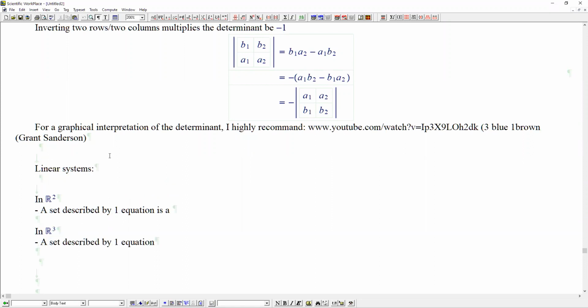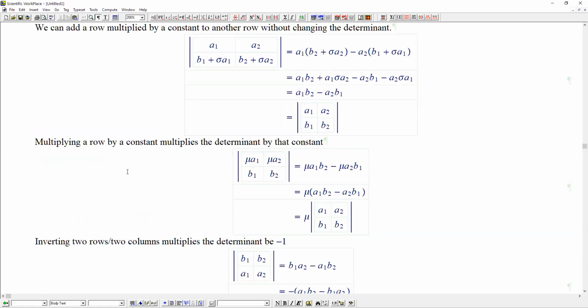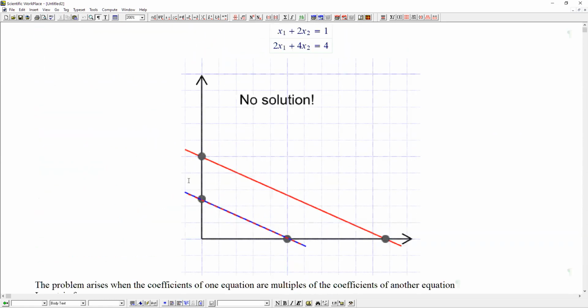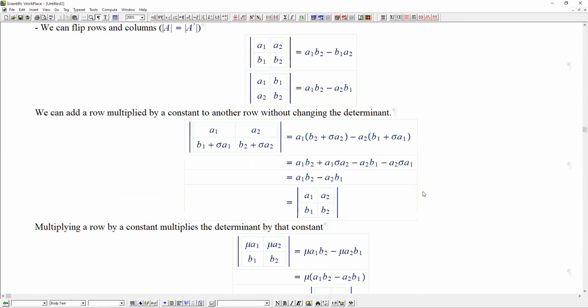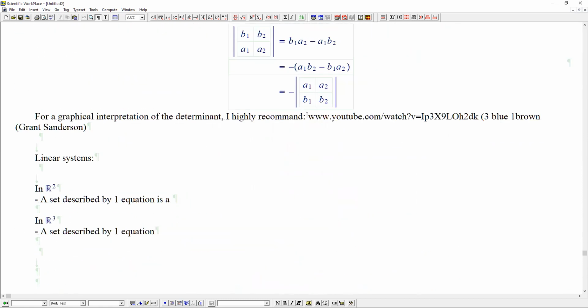If I have only one equation, what does that describe? A line. Yes.